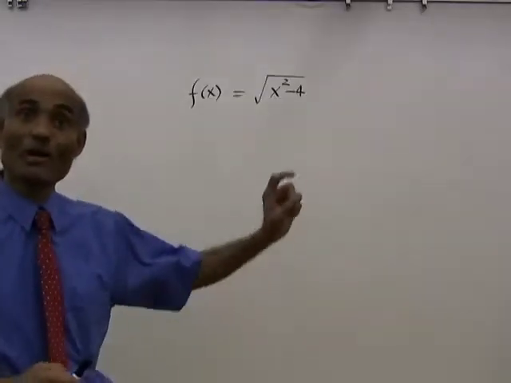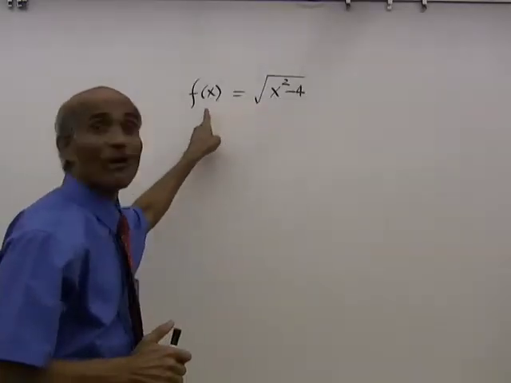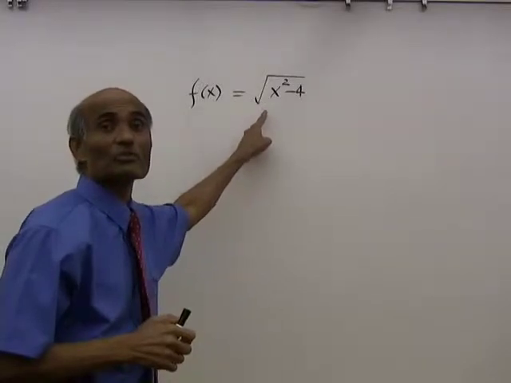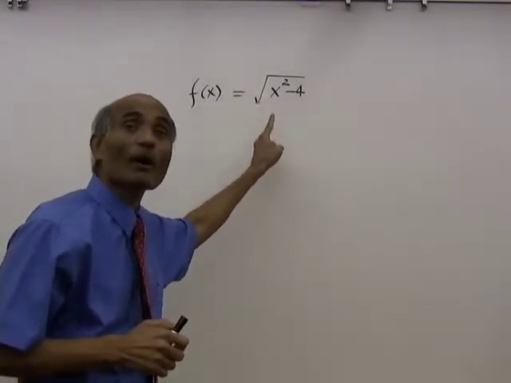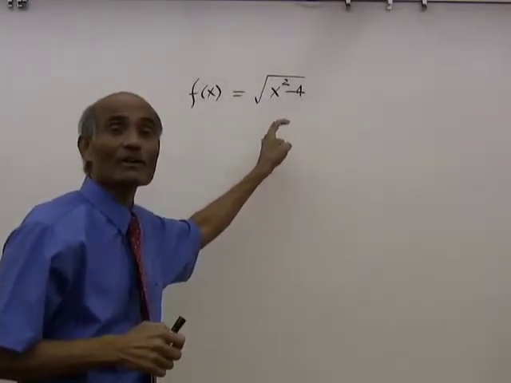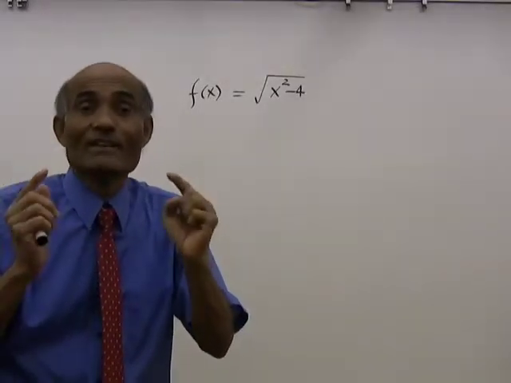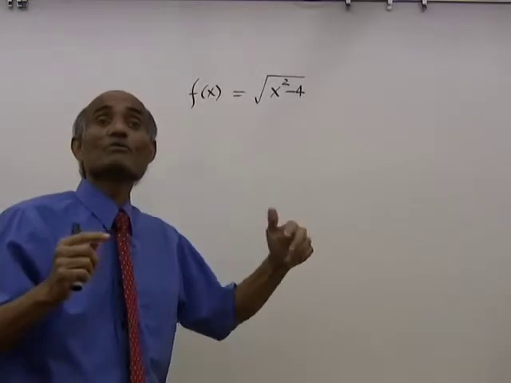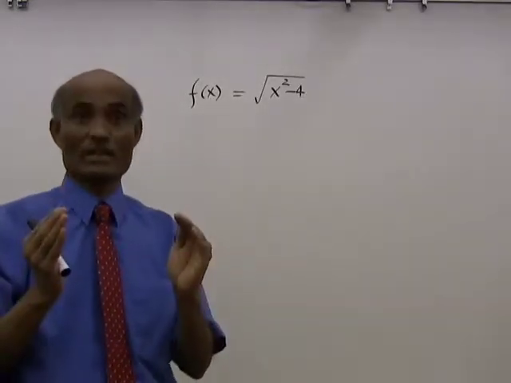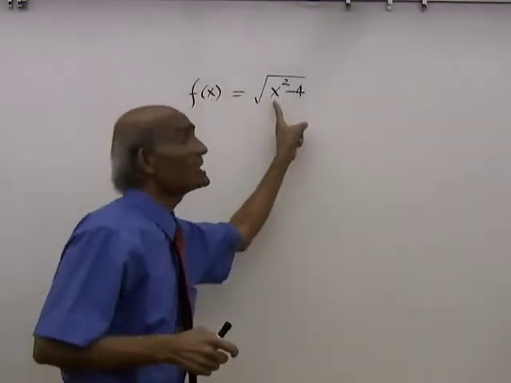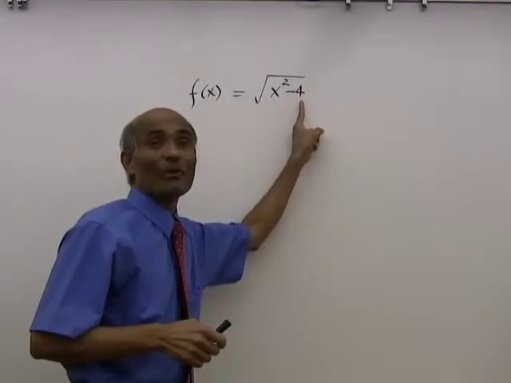For example, how do we find the derivative of this? F of x equal to square root of x squared minus 4. Now remember, I gave you the concept of a quantity. Here we have the square root of a quantity. Now what's the quantity here? X squared minus 4.